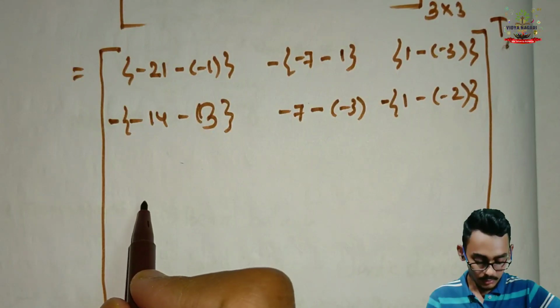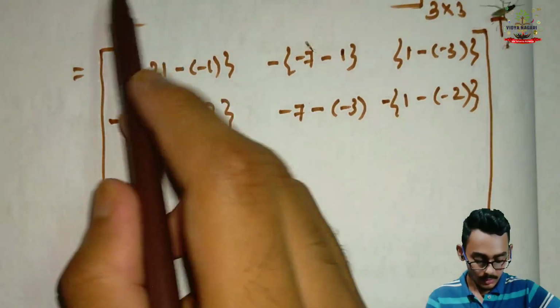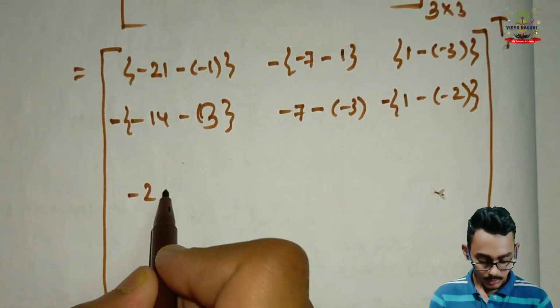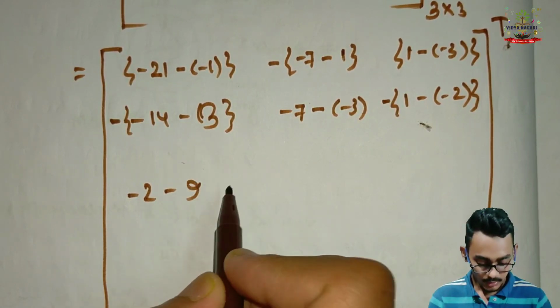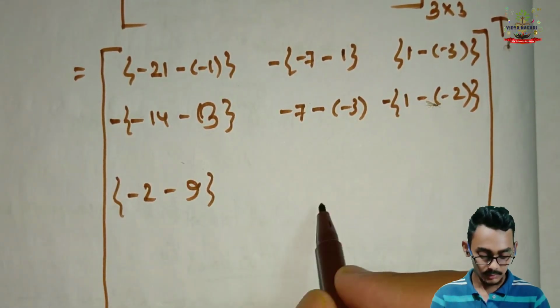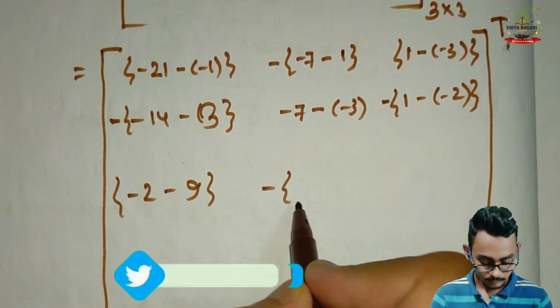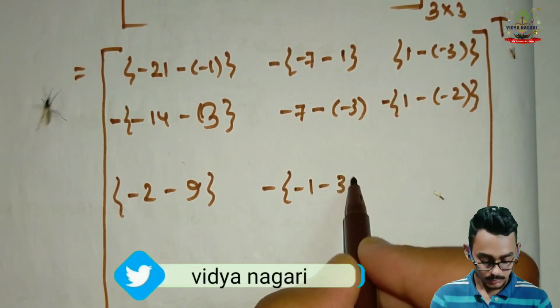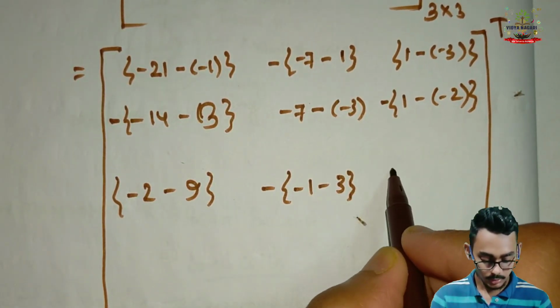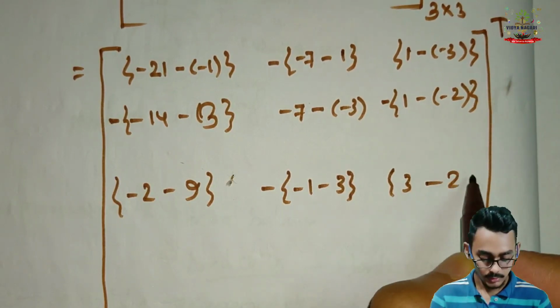For the third row, minus 2 minus 9, minus 1 minus 3, 3 minus 2.